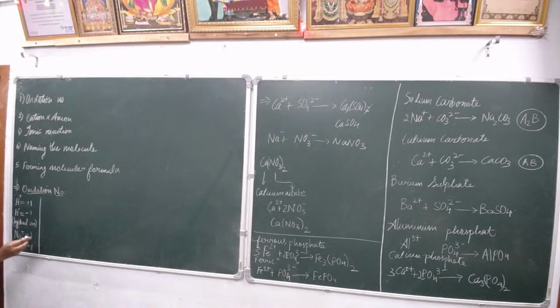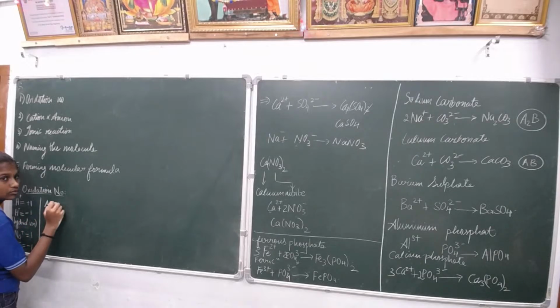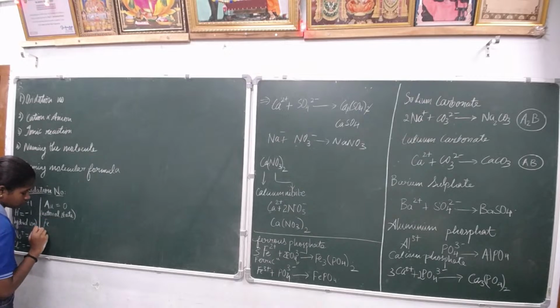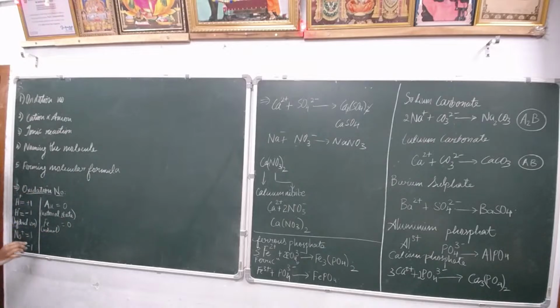For any neutral atom in its fundamental, natural state, it is 0. For example, gold in its natural state is 0. If it is Fe in its natural state, 0. And if it is FeCl2 as a neutral molecule, it's 0.